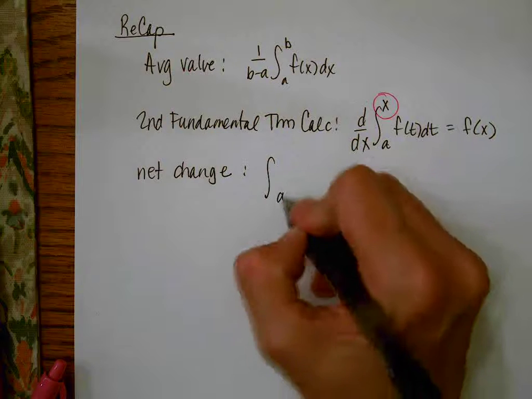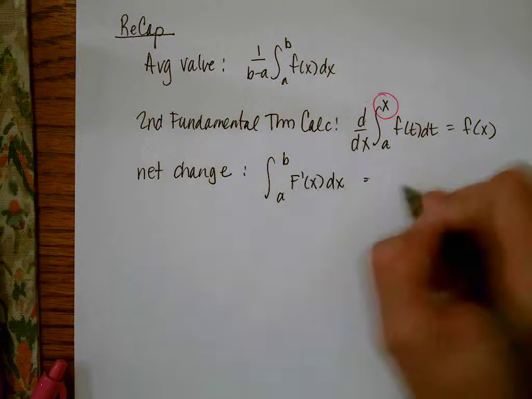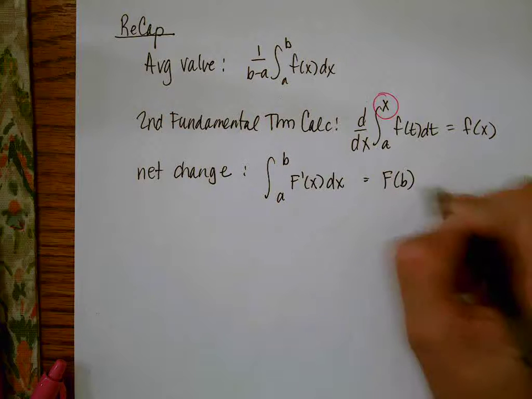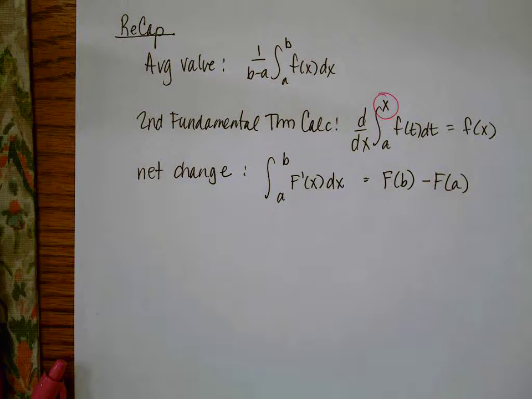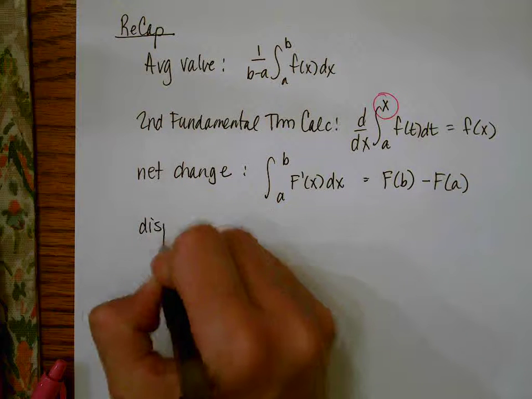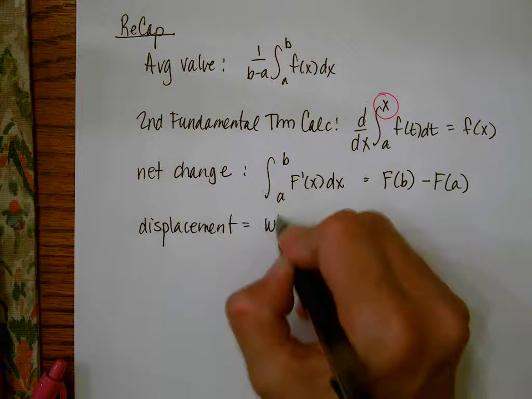Then we have net change, okay, and that would be the integral from a to b of the derivative, and this is just going to equal the antiderivative evaluated at b minus the antiderivative evaluated at a.